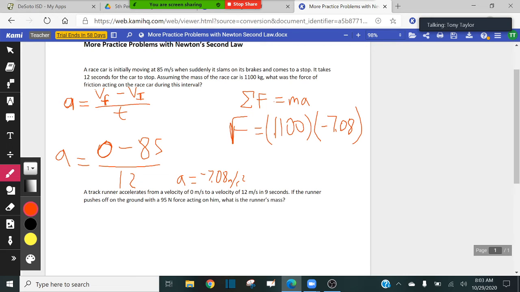When I multiply those two together, guys, I get a value of my force that is negative 7791.67 newtons. And that is the force of friction that is acting on the race car. So basically, it's almost 8,000 newtons of force that is responsible for stopping the race car. Any questions there?